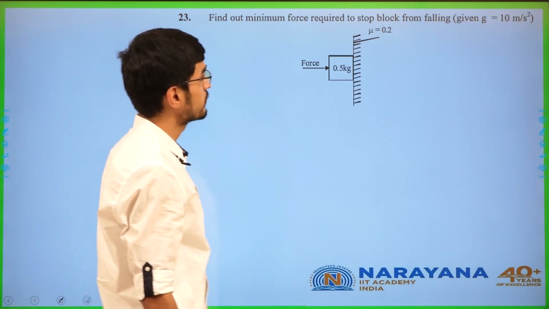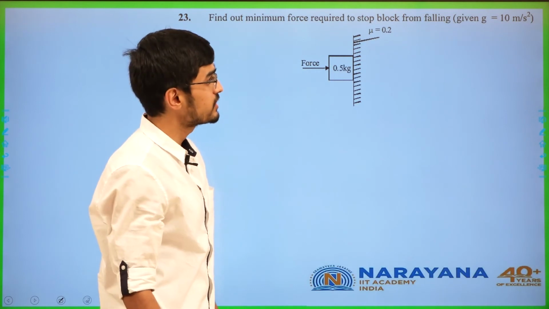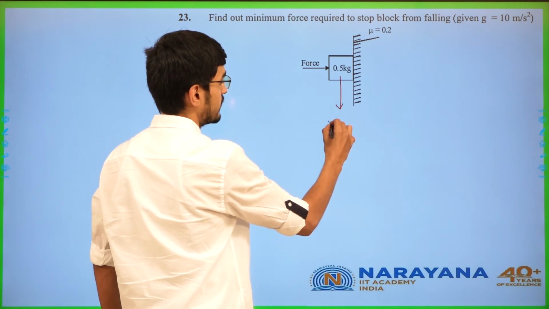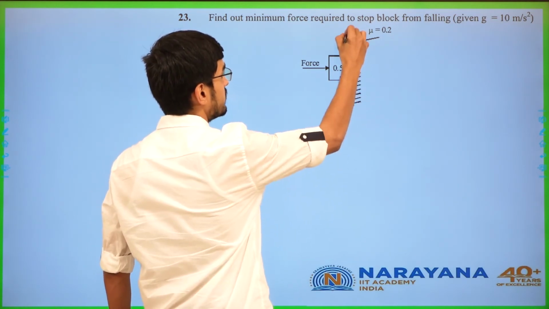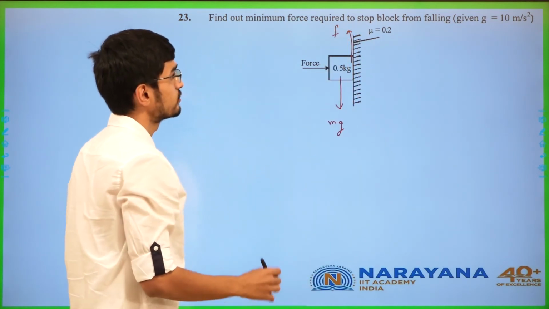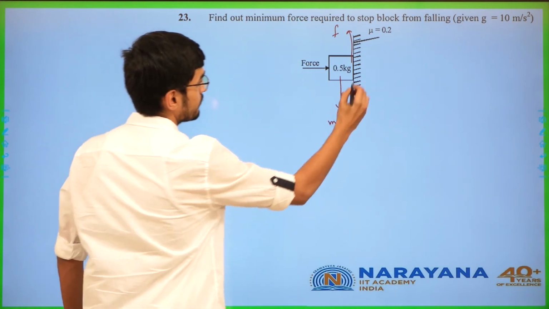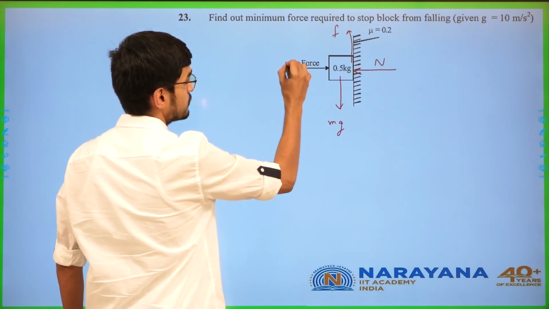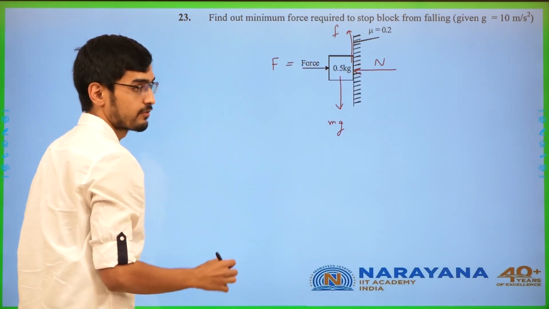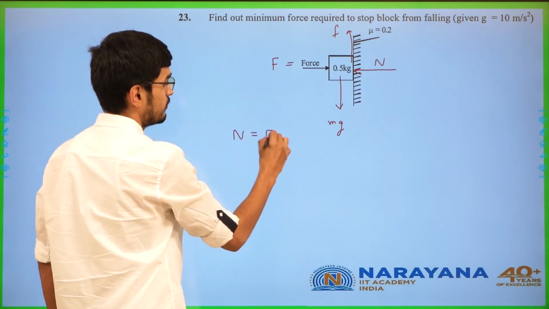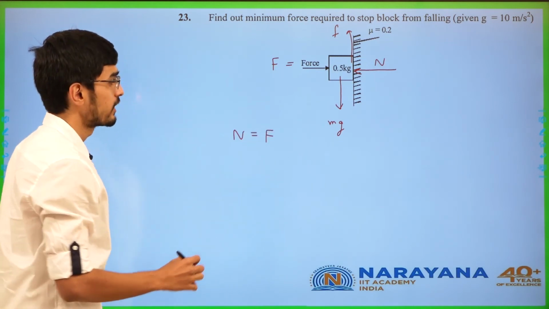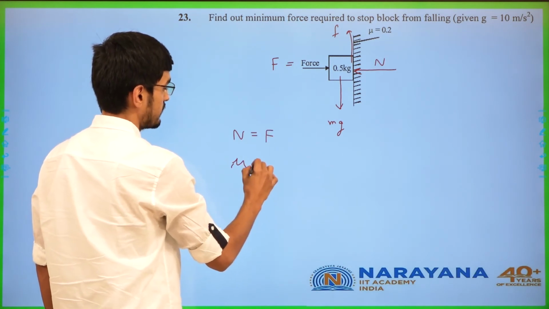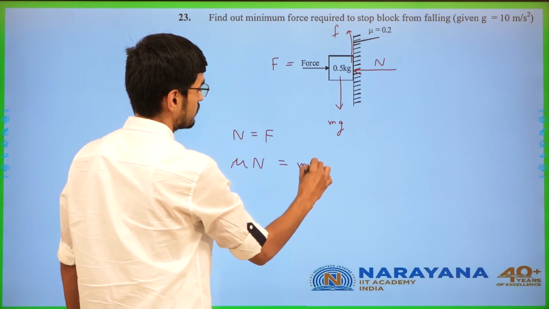Find out the minimum force required to stop the block from falling, taking g as 10 meter per second square. So two forces will be important in the vertical direction. One will be mg and one will be the friction from the surface. For the minimum force, the normal which the wall will apply equals the force which we are applying, let's call that force F. First thing I can say is that the normal will be equal to our applied force, and for minimum conditions I can say that limiting friction, that is mu times normal, should be just equal to mg.